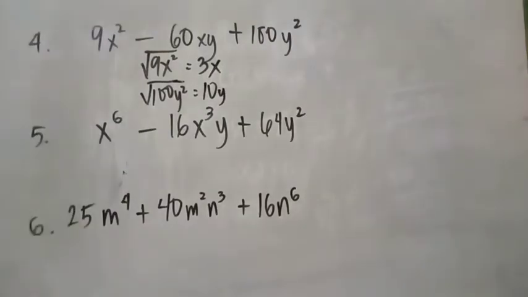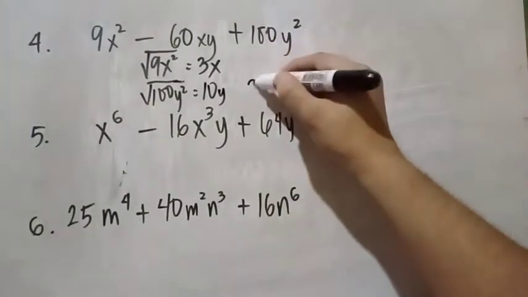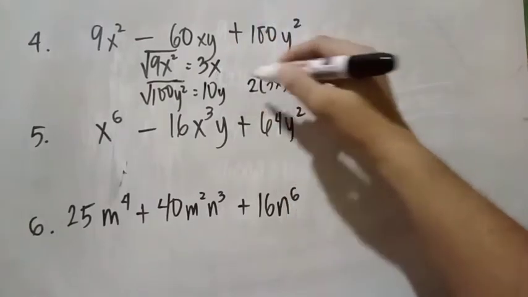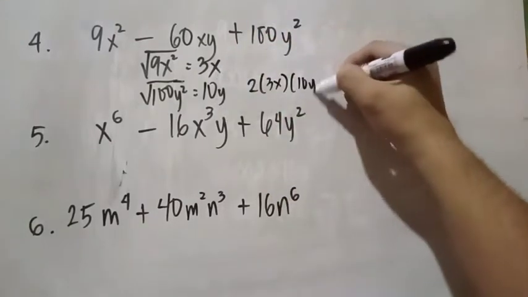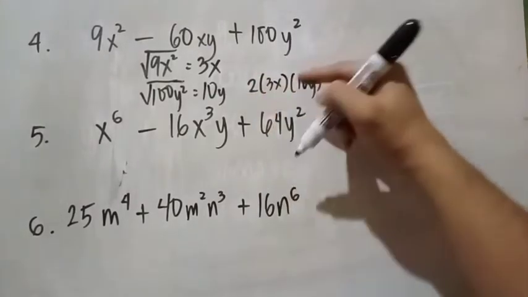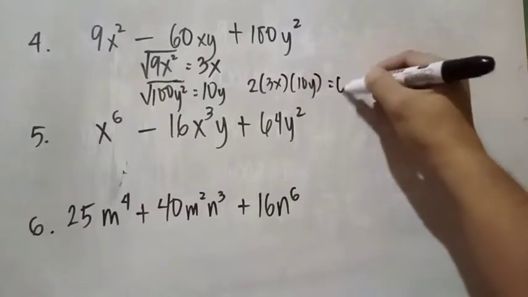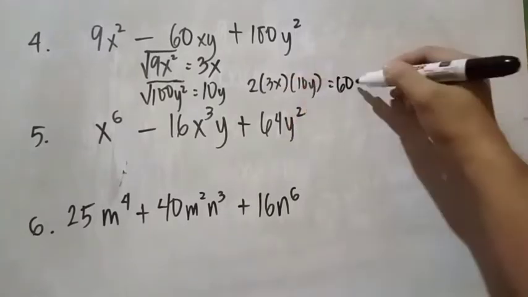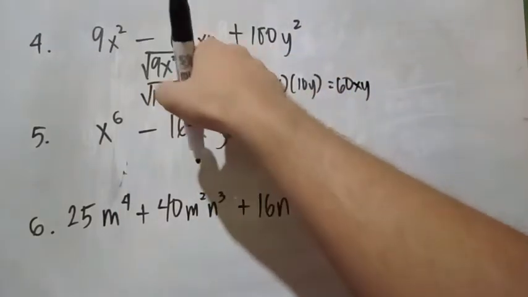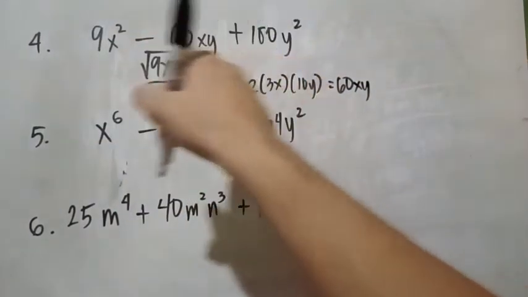And then, pagkatapos doon, i-multiply natin yung 2 sa dalawang terms, 3x and 10y. Ayan. And then, we have 2 times 3, 6. 6 times 10, 60. Then, x, y. Ayan. 60xy, nag-match siya dito. So, perfect square trinomial ito.